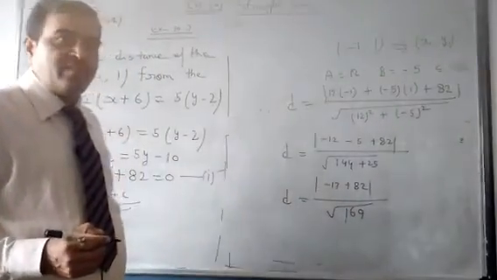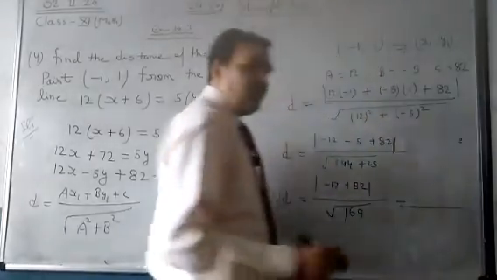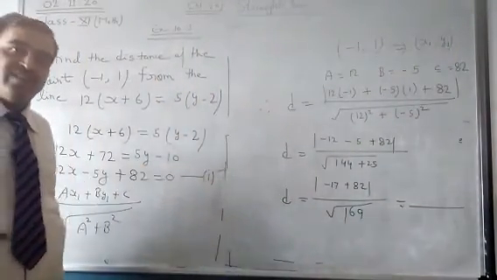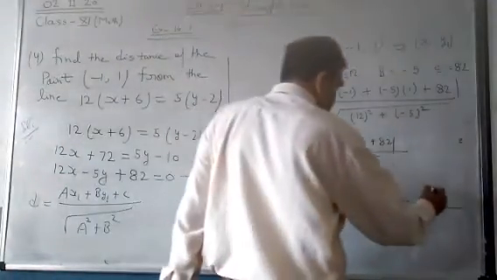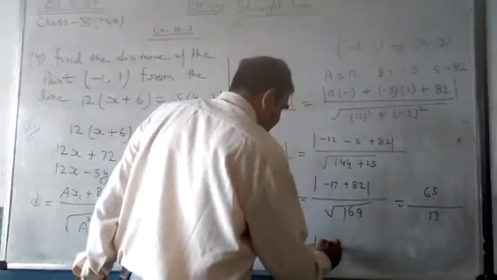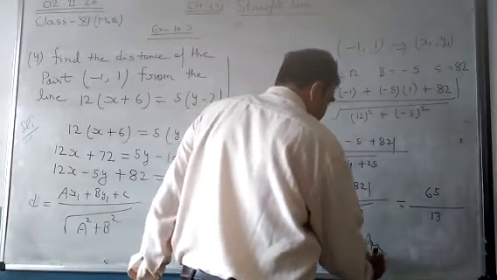After solving, we get 82 minus 17, that is 65, upon 169 under root, which is 13. So distance is 65 upon 13.